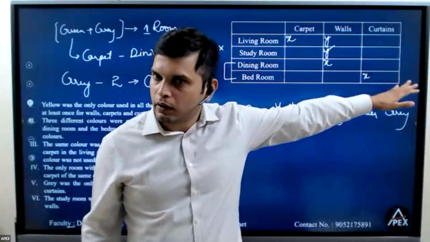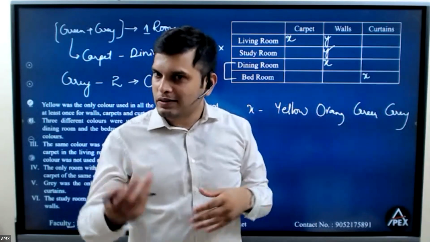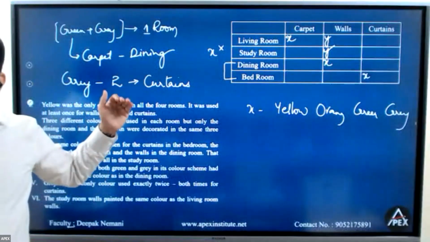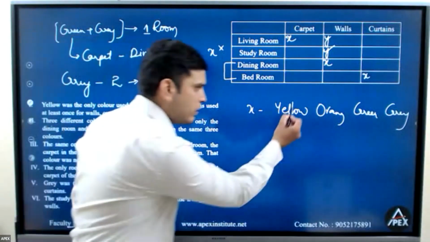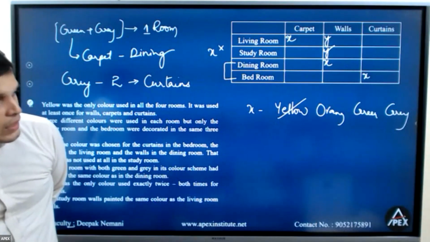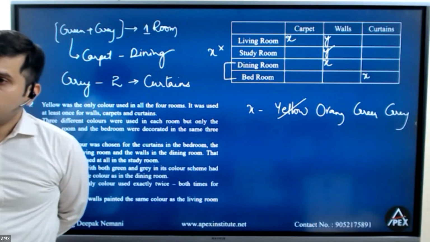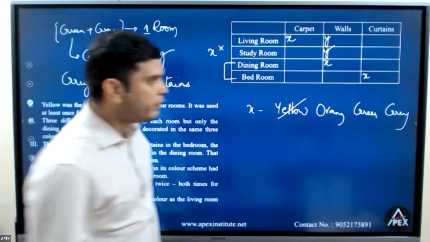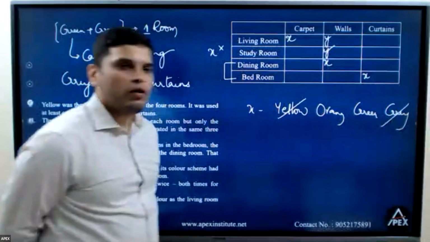But we are given that yellow was painted in all the 4 rooms, so X cannot be yellow. Then X cannot be gray as well, because gray was used only twice and that too for curtains.